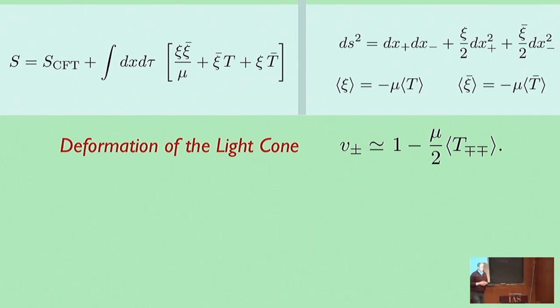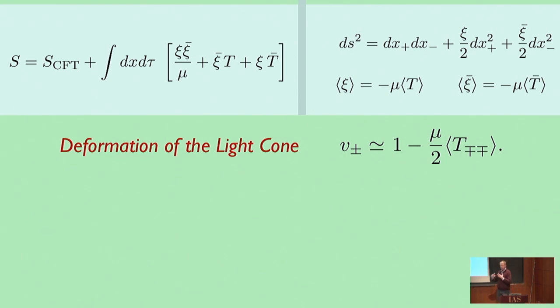But the thing that, as I mentioned, drew my attention at the time was that if you take this Hubbard-Stratonovich representation, which represents this fluctuating metric, and look at the system at finite temperature, which is supposed to correspond to a black hole in the bulk, then even from the point of view of the boundary something funny happens. If the stress energy tensor gets an expectation value, which it will at finite temperature, then if you do the Gaussian integral, the saddle point for this variable Xi will be proportional to the expectation value of the stress tensor.